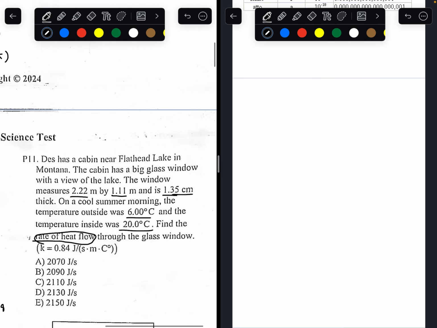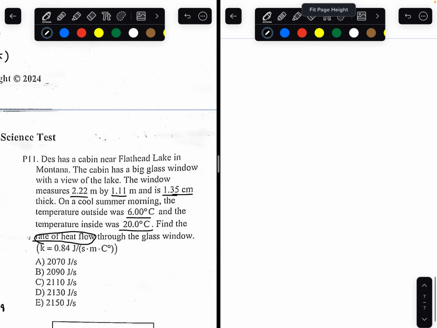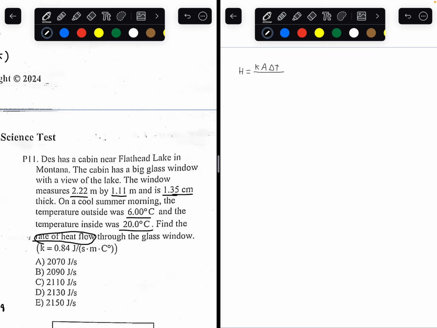So this one you have to memorize the formula for heat flow. Heat flow is equal to K, the heat constant, times the area exposed to the heat, times the change in temperature in Kelvin, divided by the length of just how far the heat's been transferring. So let's define that.